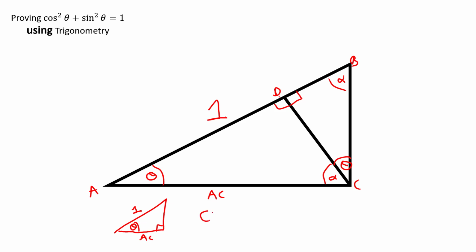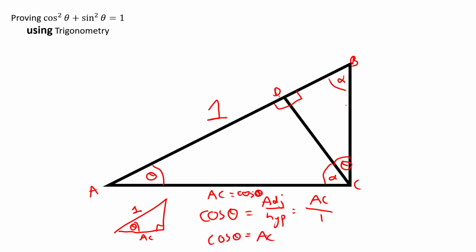So we're going to do cos theta, because cos theta equals the adjacent over the hypotenuse. And the adjacent is AC, the length we're trying to find, and the hypotenuse is just 1. So we actually get that cos theta straight up equals AC. You might notice this is actually very similar to how we prove this identity using Pythagoras, except we've added this extra line in the middle.